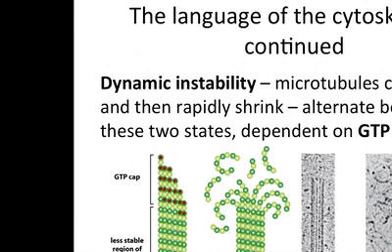And so then you're going to be more likely to start leaving, because now that your concentration is low, you're below your critical concentration, and you're going to start shrinking. Then GTP hydrolysis catches up, you lose your GTP cap, and then you get what's called catastrophe, which was always my favorite term in learning about the cytoskeleton. Catastrophe, how can you forget? It's a catastrophe. So then you get this rapid shrinking.